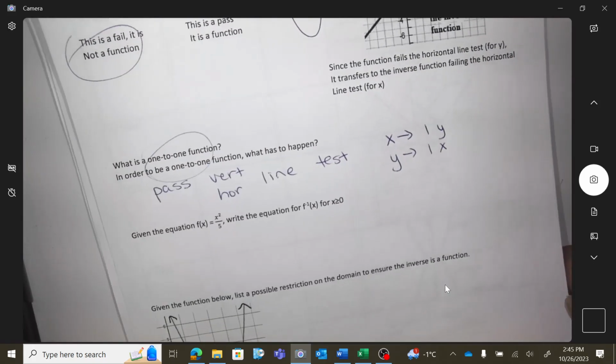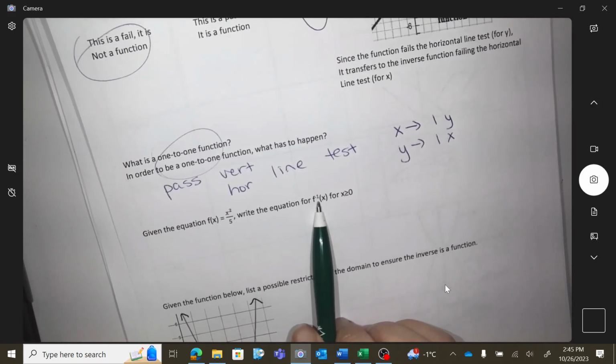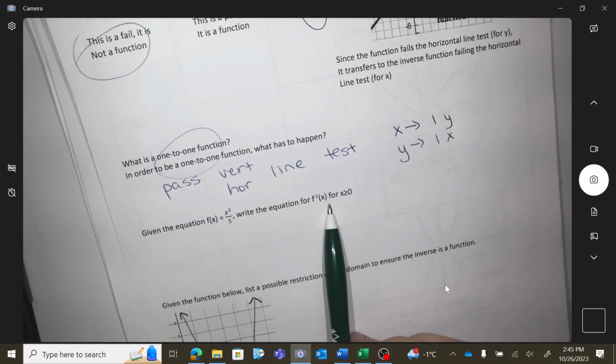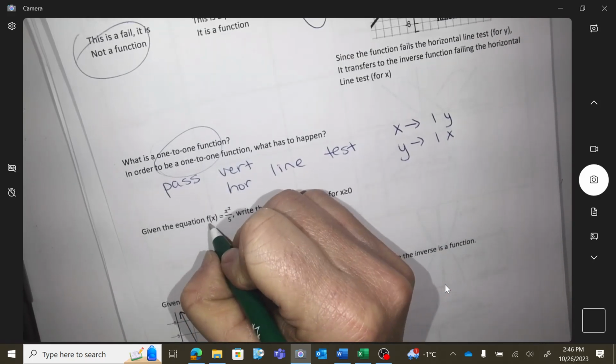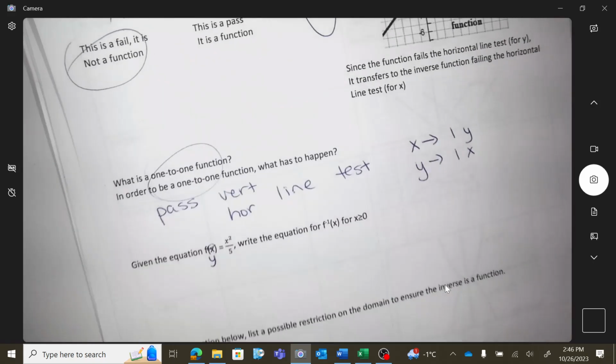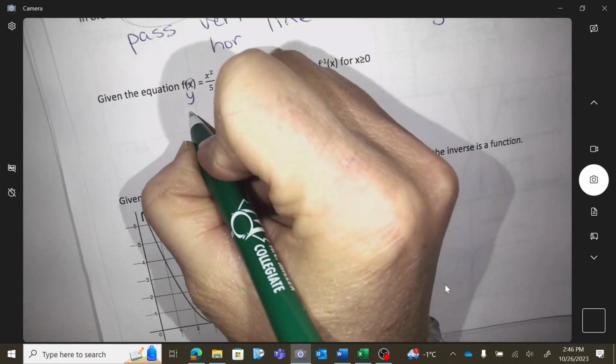Okay, you ready? Given this equation, write the equation for the inverse. Okay, so y equals... we're going to switch.